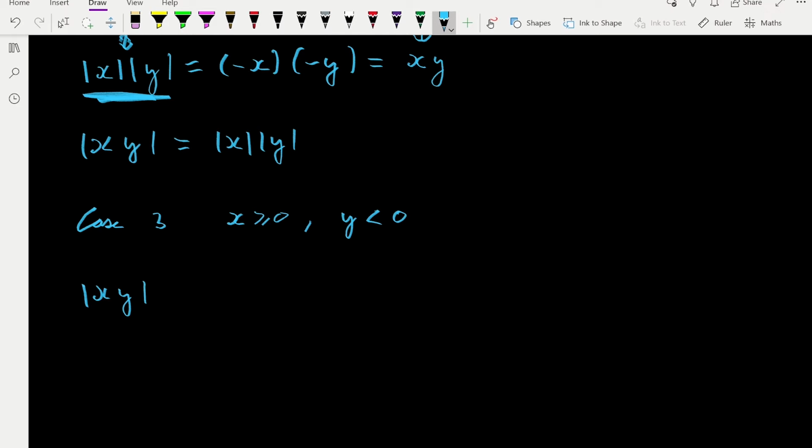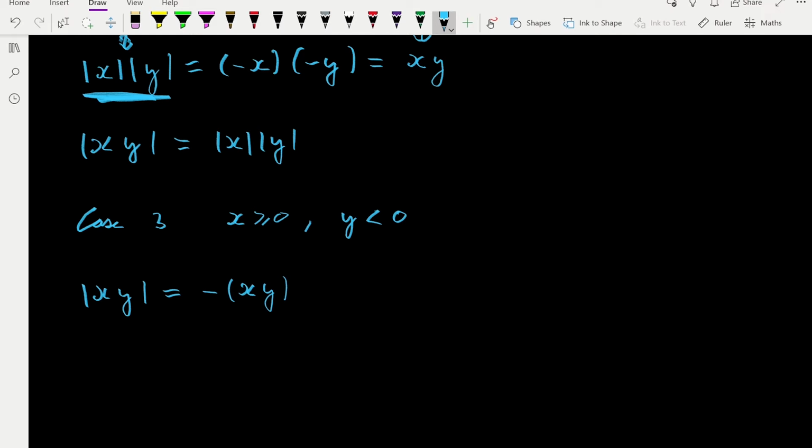Or we're going to have a positive number times a negative number, and we'll be left with something negative. And the definition tells us then that whatever's in the absolute value bars, if it's negative, you need to multiply it by a negative to make it positive. So our definition would tell us here that this is going to be x times y, but multiplied by negative 1 to guarantee that it's going to be positive.